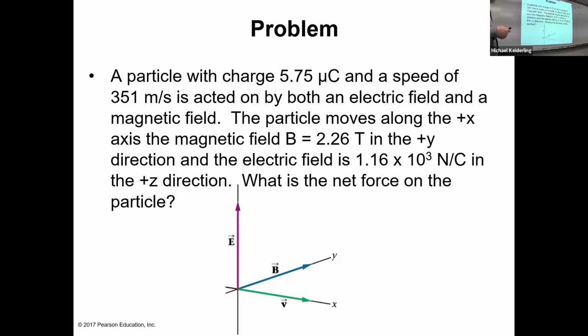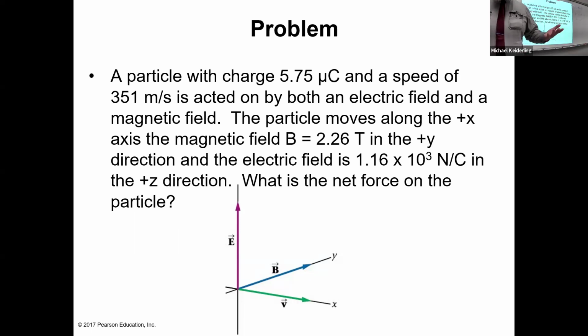Okay, so you have this particle moving along the plus x-axis. The magnetic field is 2.26 Tesla in the plus y direction, and the electric field is 1.16 newtons per coulomb in the plus z direction. So what is the net force on the particle?